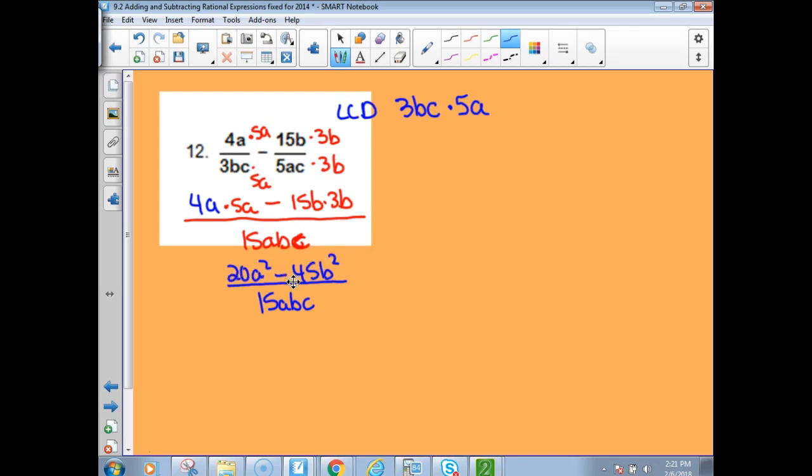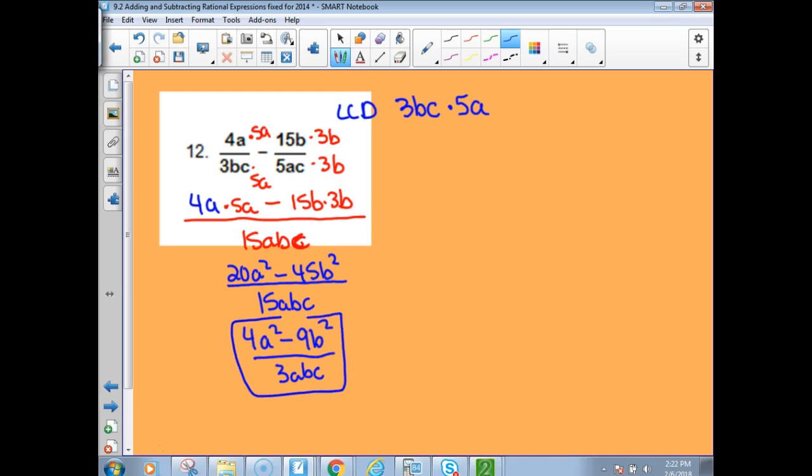What are all of these divisible by? Every number up here. So you can do that. You could factor out the 5 and then reduce, or you could just divide by 5 everywhere, each term. If I divide by 5, that's going to be 4A squared minus 9B squared, and on the bottom, 3ABC.